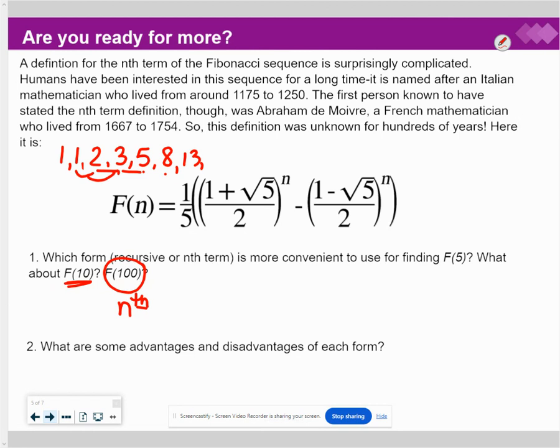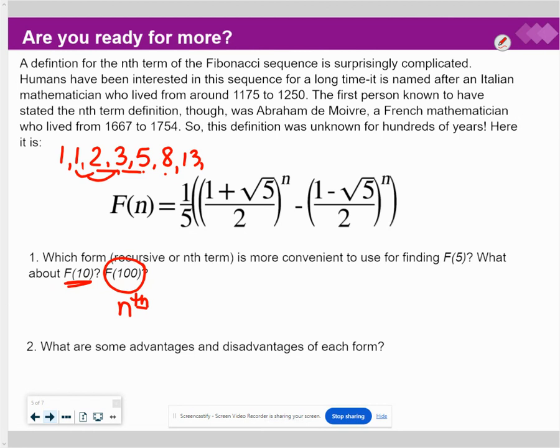And then number 2 says, what are some advantages and disadvantages of each form? Well, for the recursive, you just have to go through all of the numbers to get to where you want to be. For the nth term, it's messy and complicated. And if you're putting this into your calculator, if you don't put it in just perfectly, you're going to make mistakes, right? There are so many places to make mistakes in this.